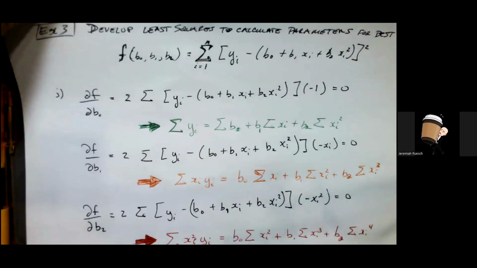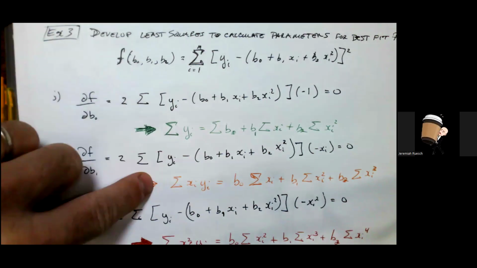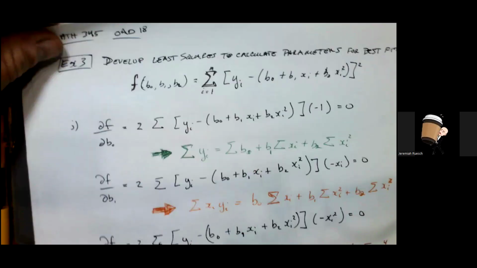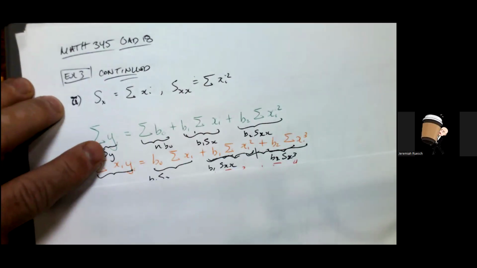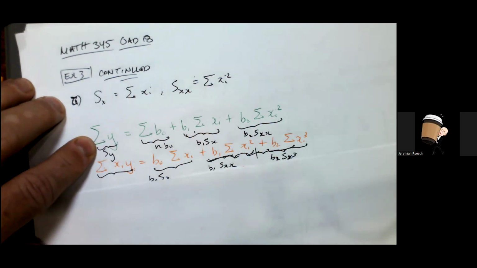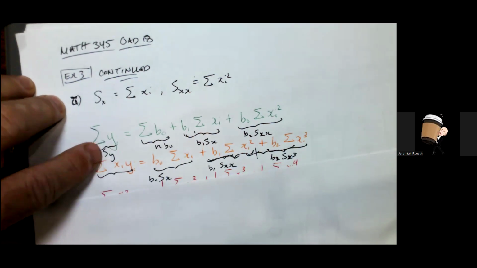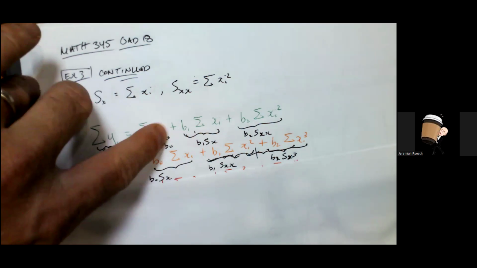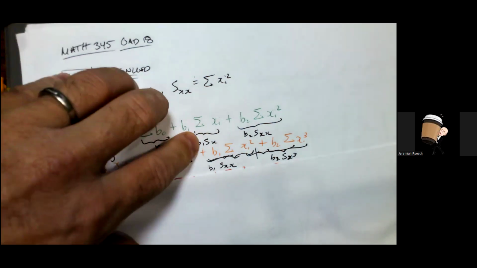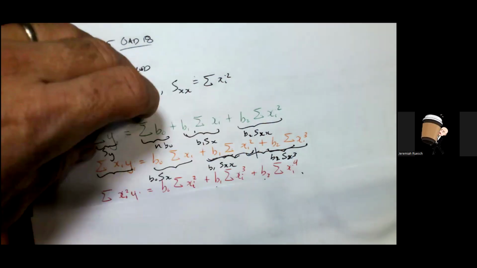And so then utilizing the green, orange, and red relationships, we can then, just like in the previous example, rewrite as Sx is the sum, Sxx is the sum of the squares, and plugging in each of the corresponding values after the sum. This is Sx, this is n times b naught, b1 times Sx, and then b2 times Sxx.